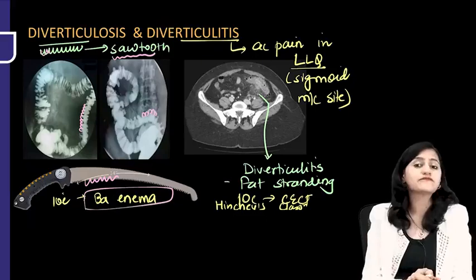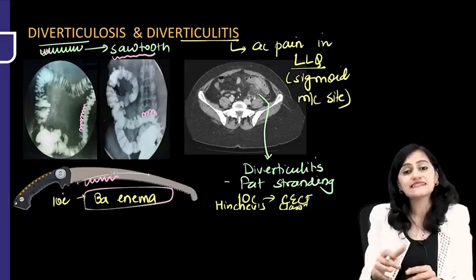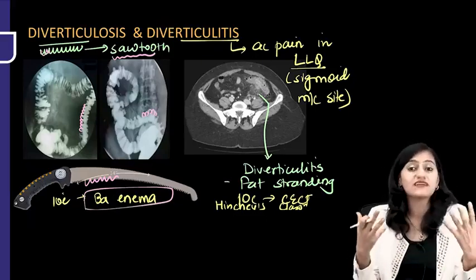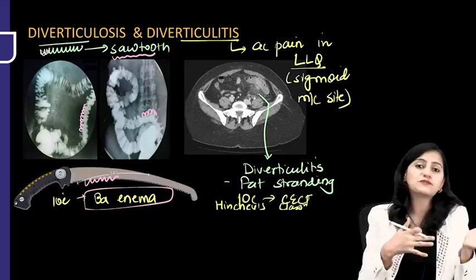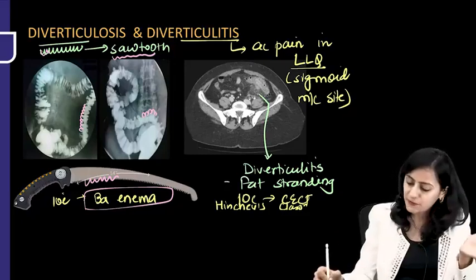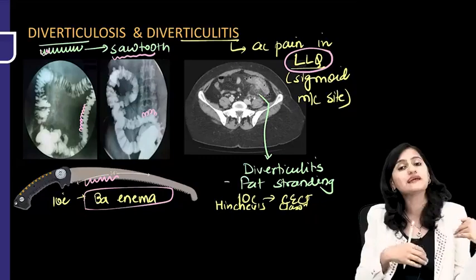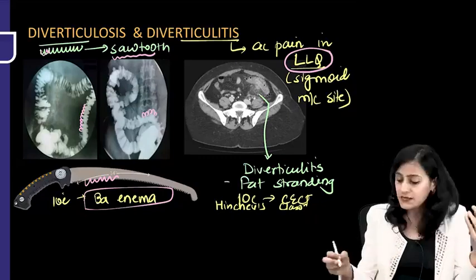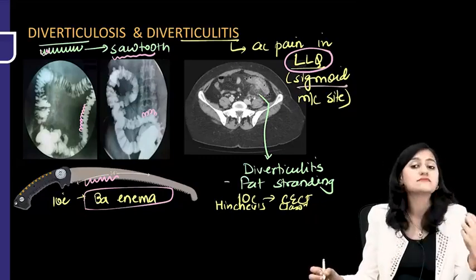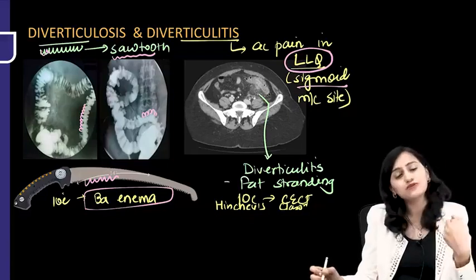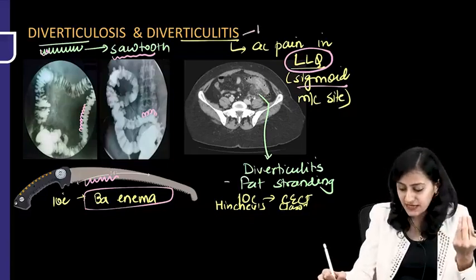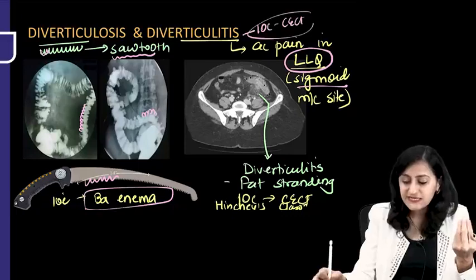But now if one of these diverticula gets inflamed, it undergoes diverticulitis, and that will lead to acute pain. So the patient presents generally with acute pain in the left lower quadrant. Why? Because the most common site is sigmoid, right? Now, for acute diverticulitis, the investigation of choice would be CECT.